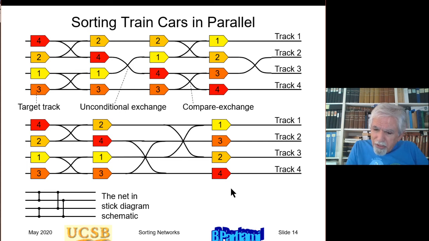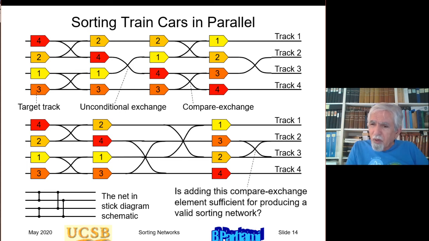So I'm going to insert one more conditional exchange there and in the stick diagram, okay? So now 2 and 3, which are out of order, will be ordered, okay?